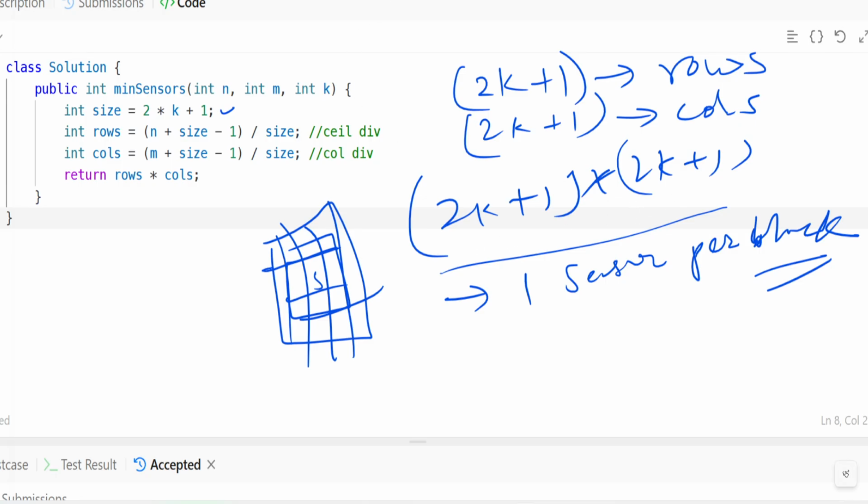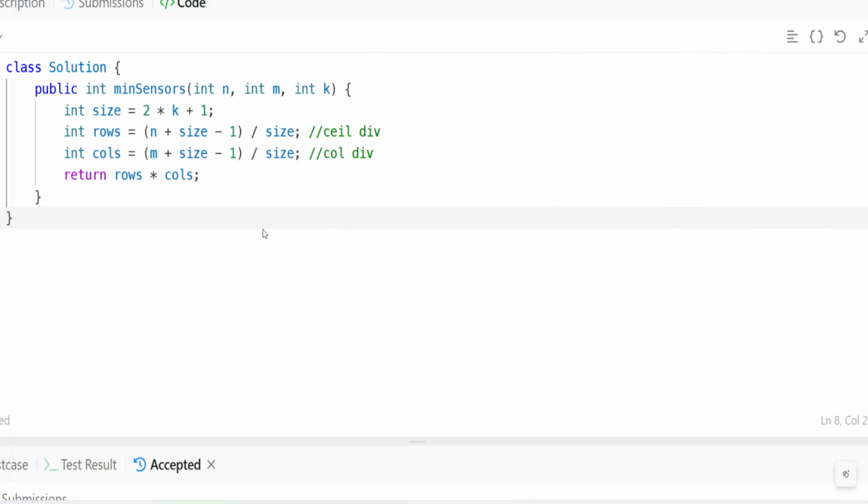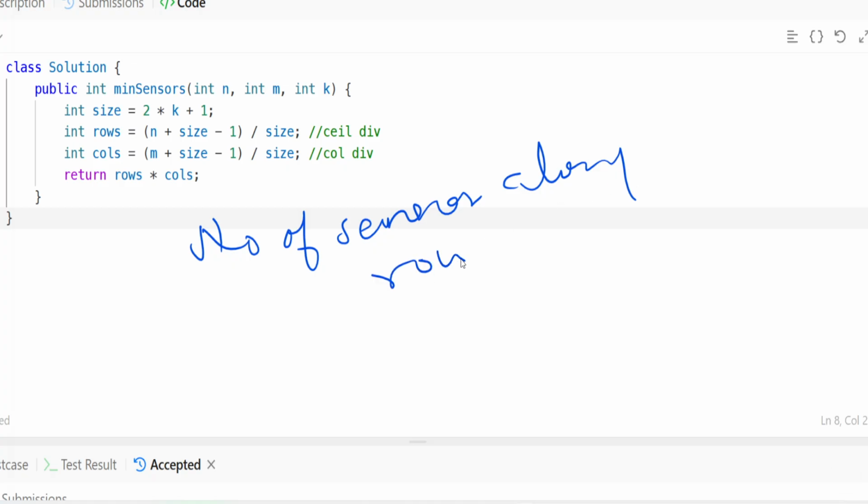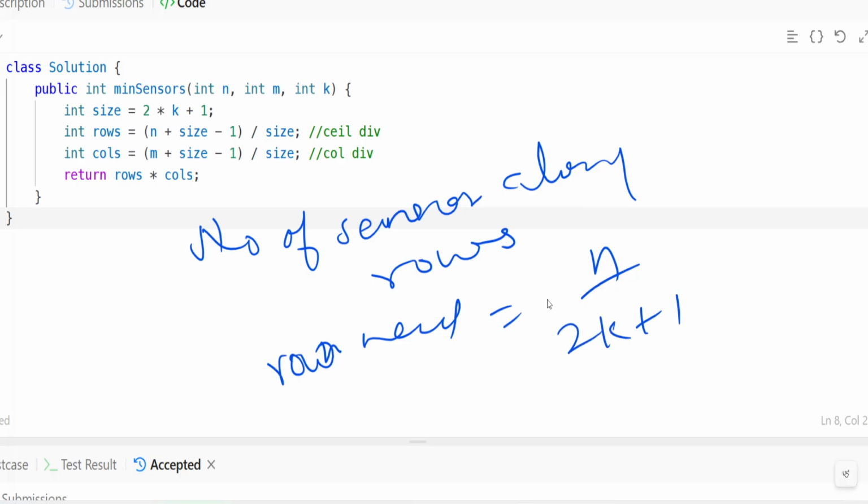Let's suppose the number of sensors along the rows: what we need, rows needed, is n by 2k plus 1, because we have seen that. And similarly for the column also, it will become like this.